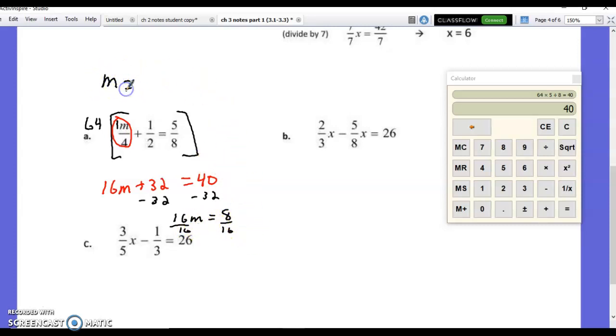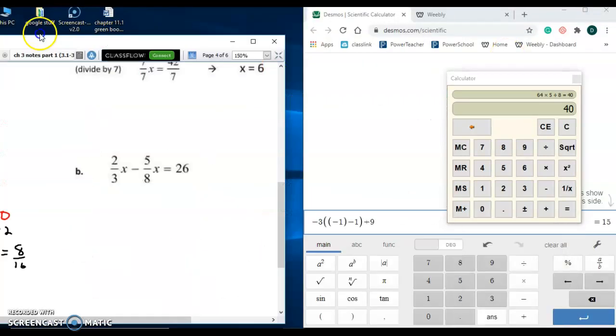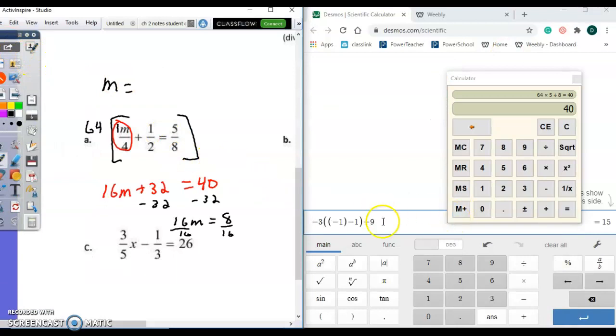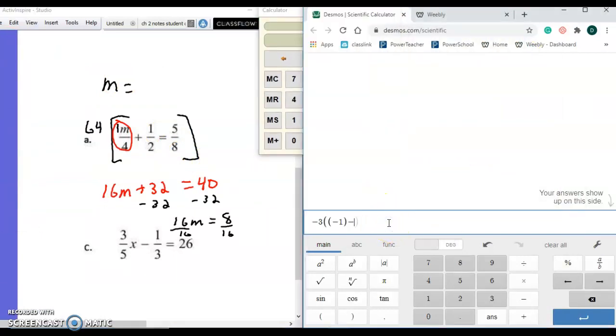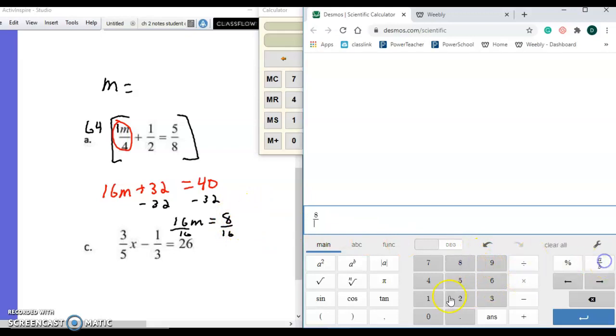So m equals, now I'm going to go to my Desmos calculator, because I guess I could use it as a fraction, but a lot of times, since there's fractions in the problem, they want their answers in fraction form. So if I go right to my Desmos calculator and do 8 over 16, or you can just do 8 divided by 16, it gives you 0.5, but it's a reduced fraction as 1/2.